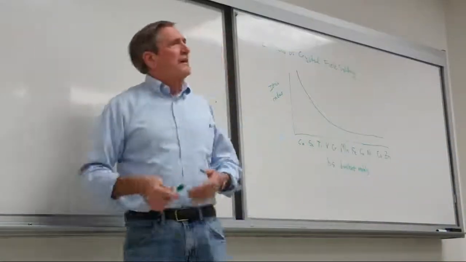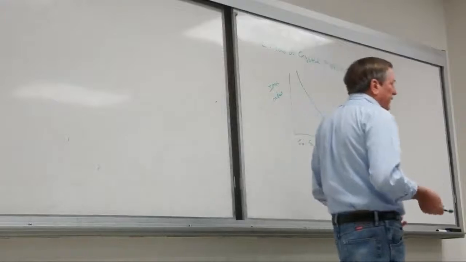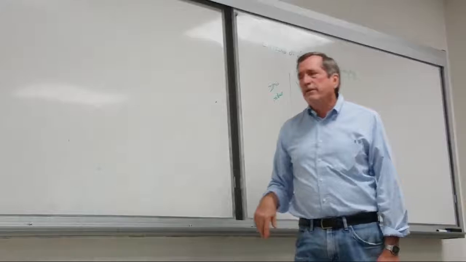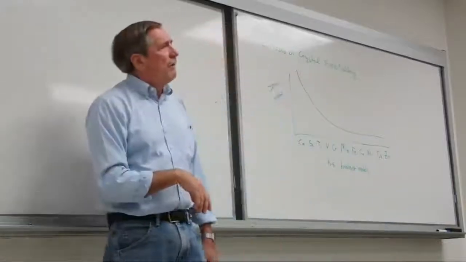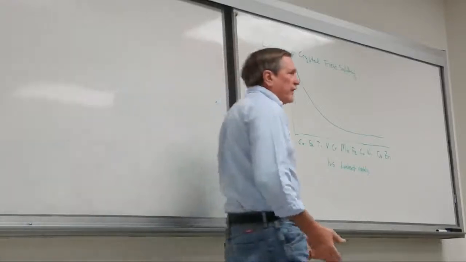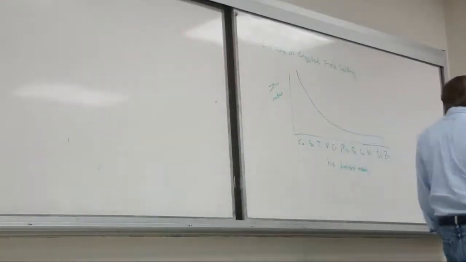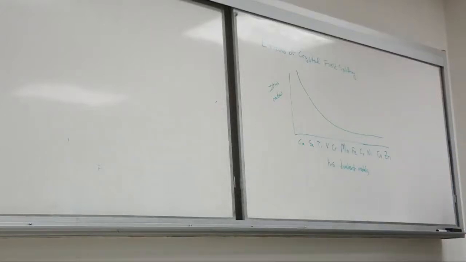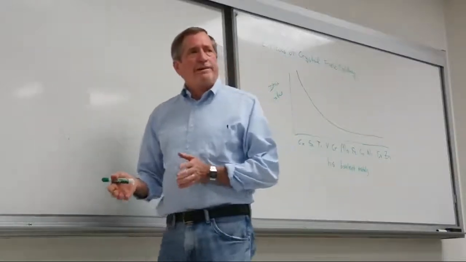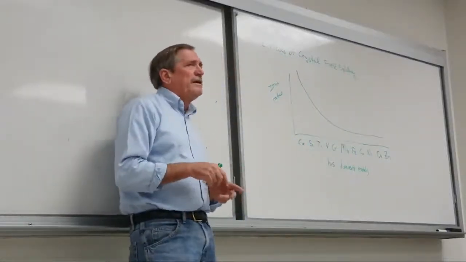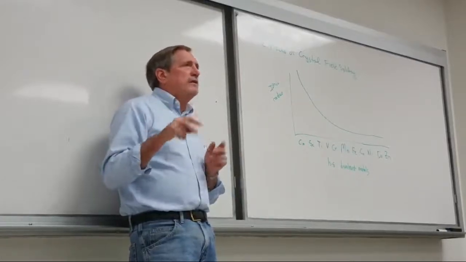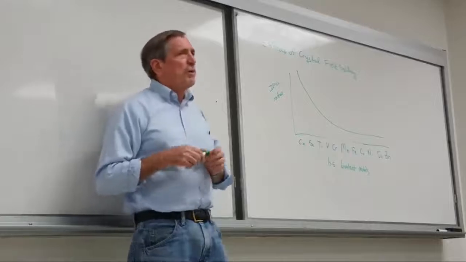Why is that? Well, it's related to the concept of shielding. So as you go across the periodic table, we go from left to right, the number of protons in the nucleus is going up, right? We're adding one more proton. Which, of course, we're also adding one more electron. And so what happens, though, is that each one of the protons we add and each one of the electrons, the electrons don't shield each other perfectly.